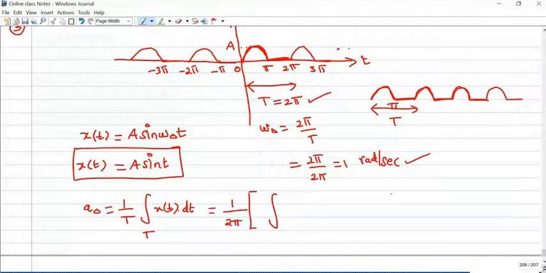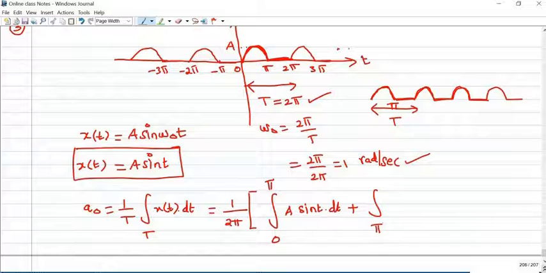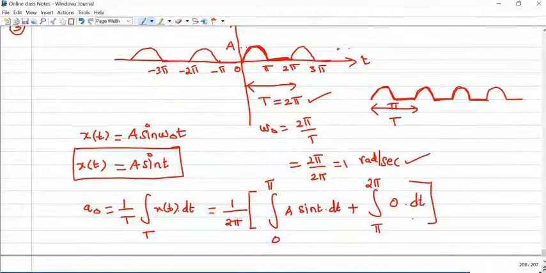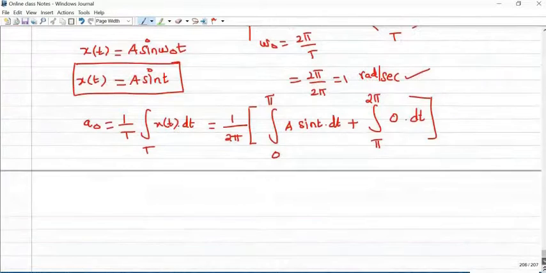So you have to substitute 0 to pi only. 0 to pi x of t is A sin t dt, because from pi to 2 pi x of t is 0. Okay, so do it carefully in the examination. Even though the total time period is 2 pi, your integration is valid from 0 to pi only.